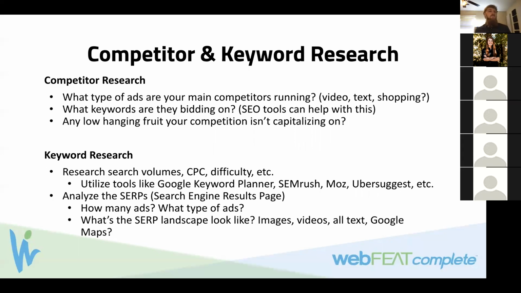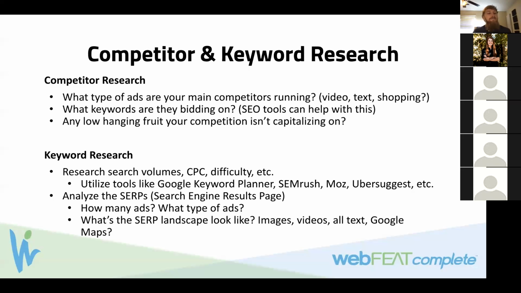And so when it comes to competitor research, you want to go to google.com and search for some phrases that are relevant to your business, and just take a look at what's showing up, how many people are showing ads for those search terms, what kind of competitors are showing up, and that's going to give you an idea of what type of keywords these people are bidding on as well.